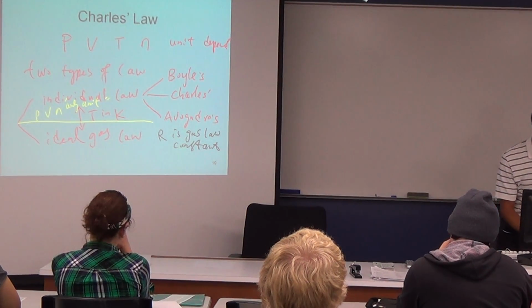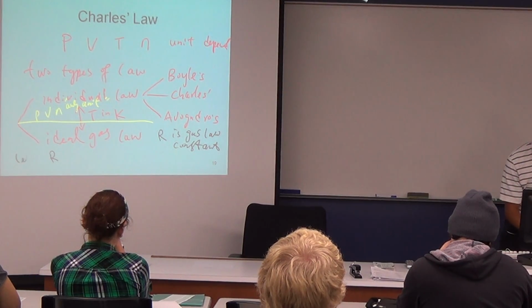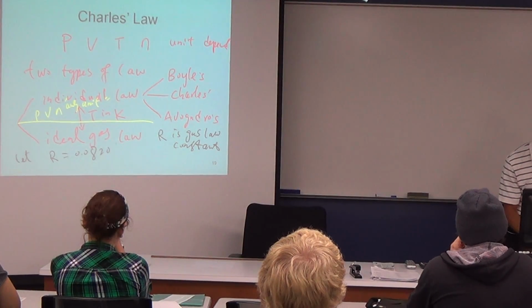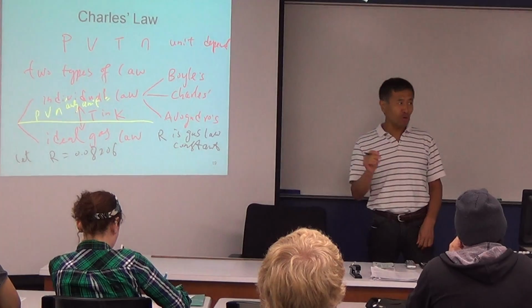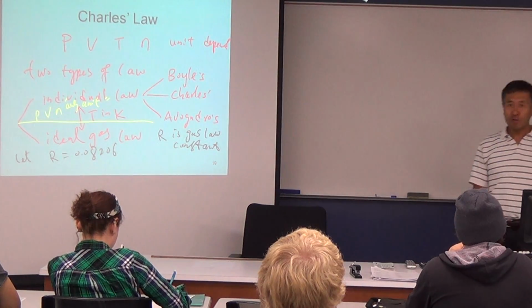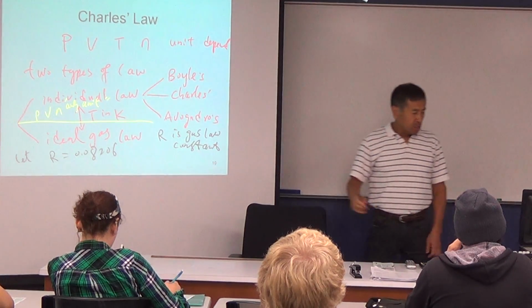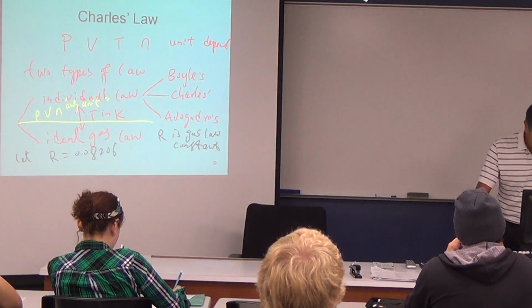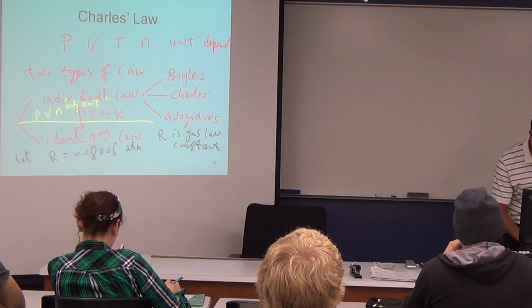One common value you use for R is 0.08206. You can use some other numbers, but you will have a different unit for the pressure, volume, and N. So you will memorize one value for R, and this number specifies the pressure will be in ATM.